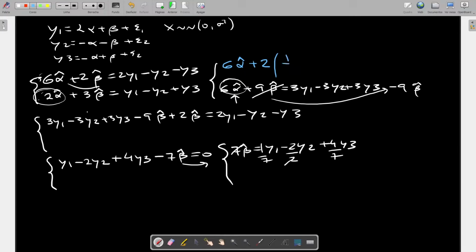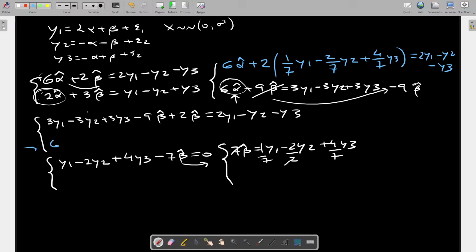So it's 1/7 y1 minus 2 divided by 7 y2 plus 4 divided by 7 y3, and that is equal to 2y1 minus y2 minus y3. So in order for us to solve this expression now, let's start from the bottom here.